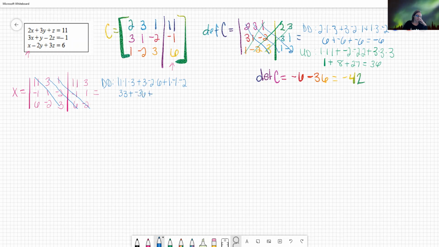Plus 1 times -1 times -2 is 2, and 2 negatives equal a positive. This will be 2. I'm going to add all of these together and I get -1.